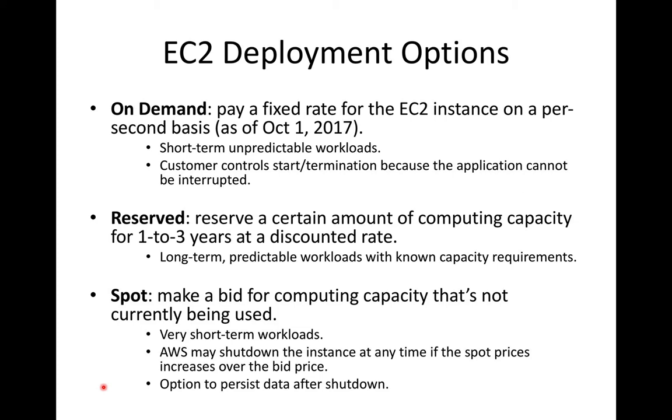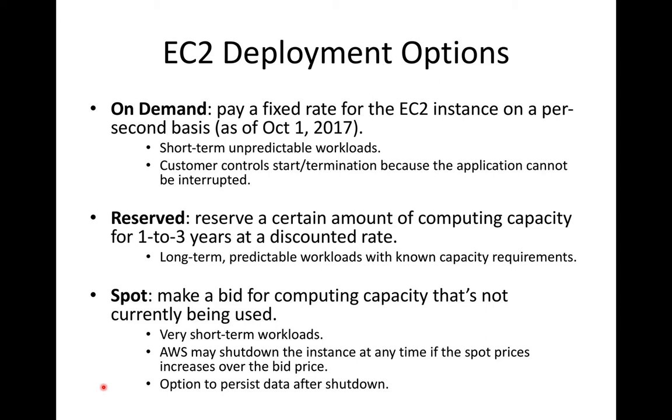In exchange for committing to using that capacity, AWS is going to provide you with a greatly discounted rate. So if you need to launch an EC2 instance and you know that this instance is going to run for the next year, then by all means go ahead and reserve that capacity, because you'll pay substantially less.